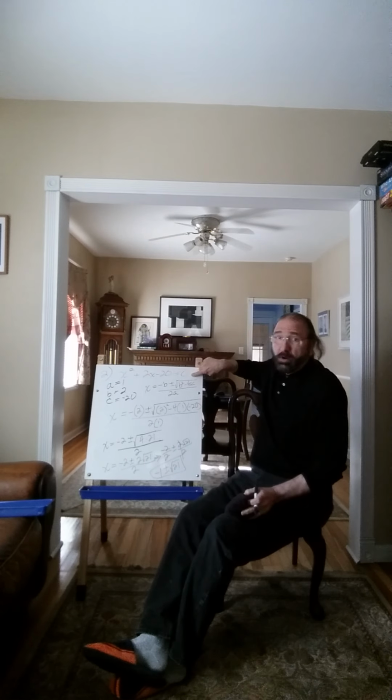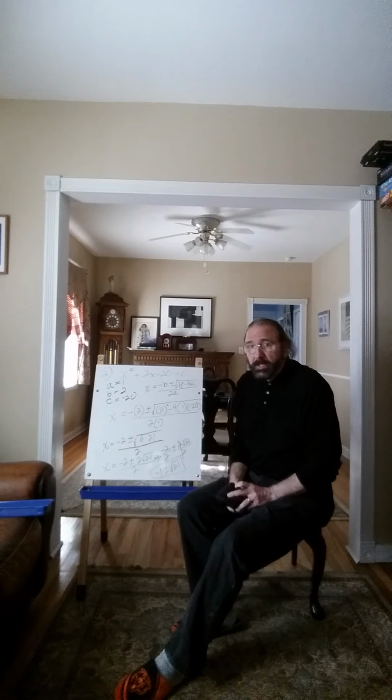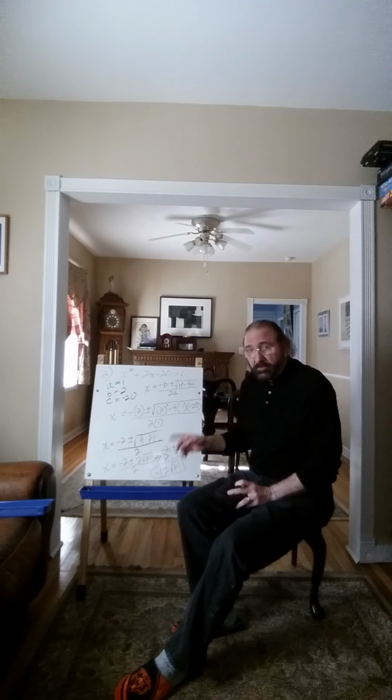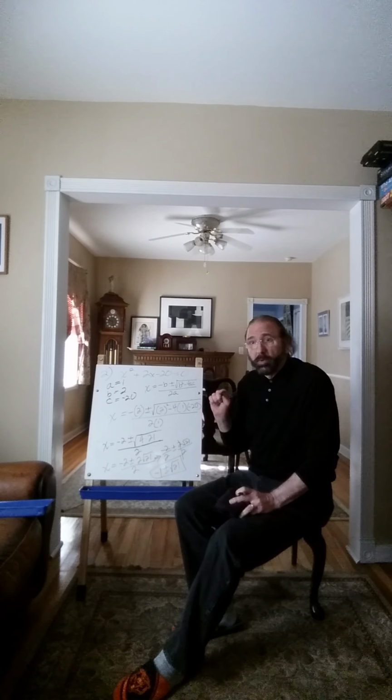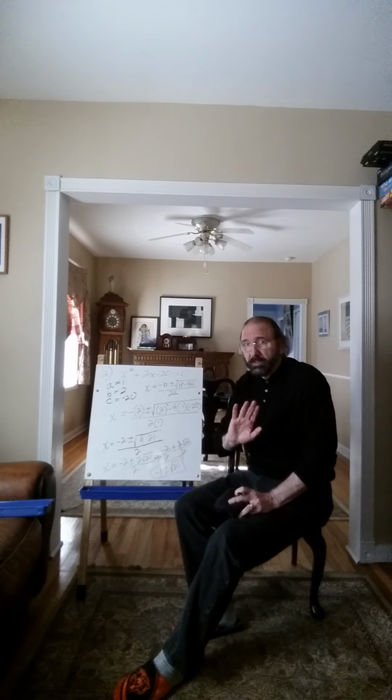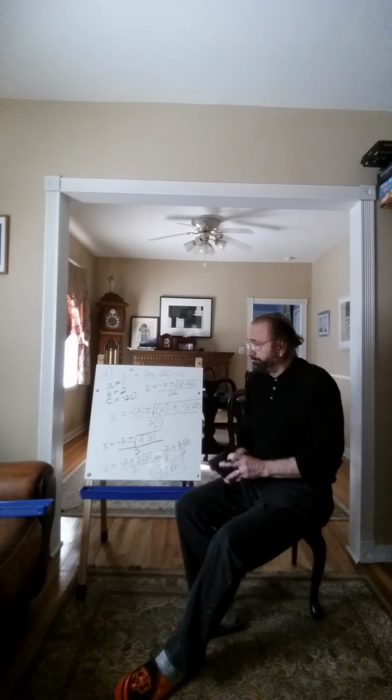It's an ugly number, but there's 2 of them, negative 1 plus, negative 1 minus. And believe it or not, there's a place on the x-axis where this is. We'll get into that in a subsequent video.